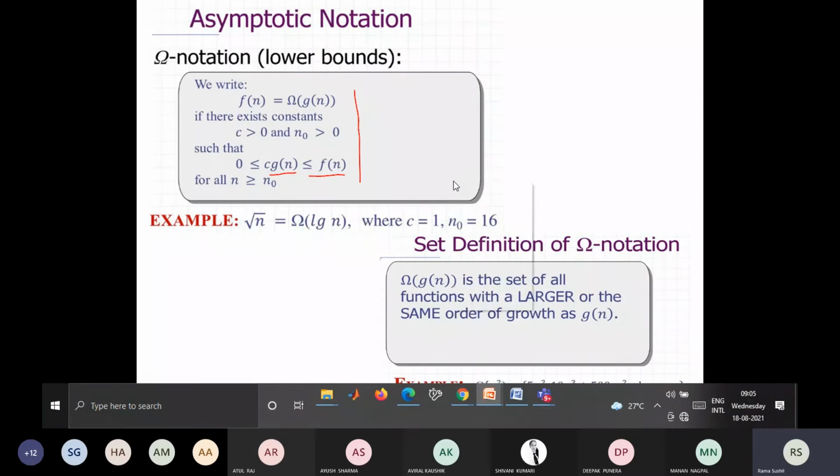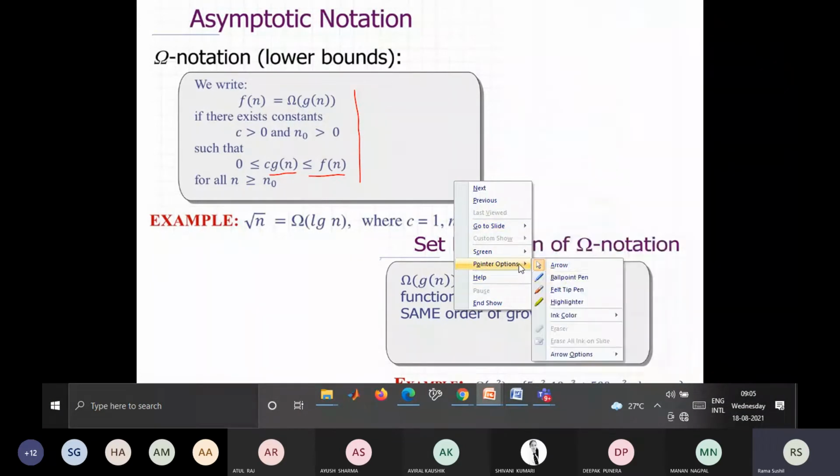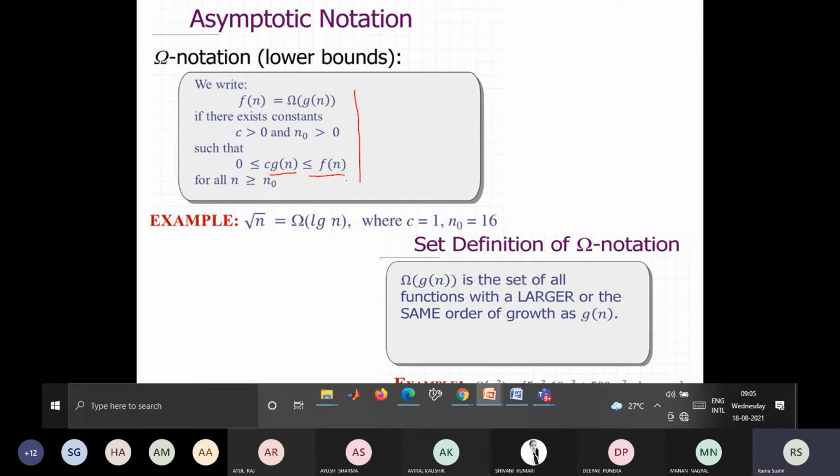There, the condition is that your function must be less than or equal to c dot g(n), but here you will find the condition reversed. Your function f(n) is greater than or equal to c dot g(n). Rest of the things are the same. How to find the c and what is g(n), all of that is the same.